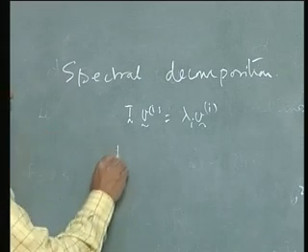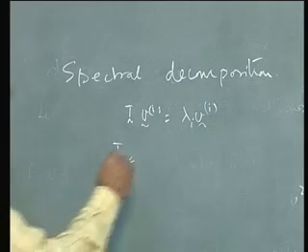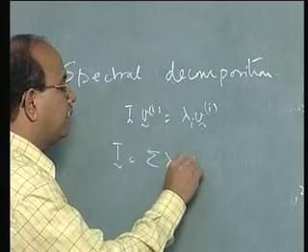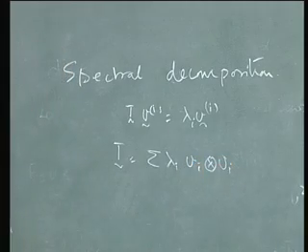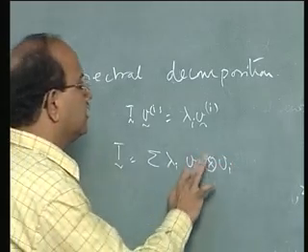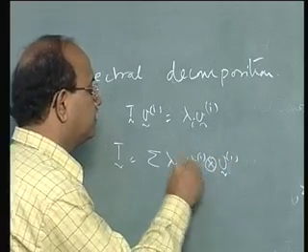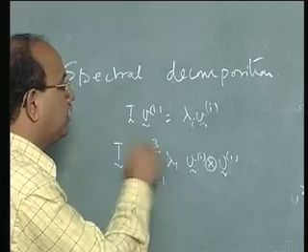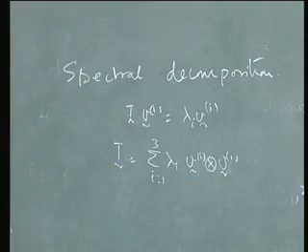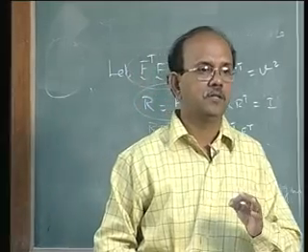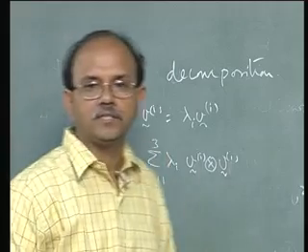In other words, what I just want to emphasize is the fact that T can be written as sigma lambda_i v_i dyadic v_i. So in other words, this v_i dyadic v_i, with i equal to say 1 to 3, can be used as the basis, or eigenvectors can be used as a basis for definition of any tensor.